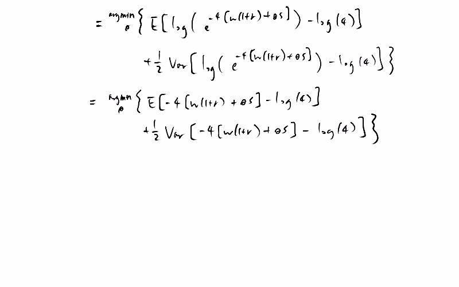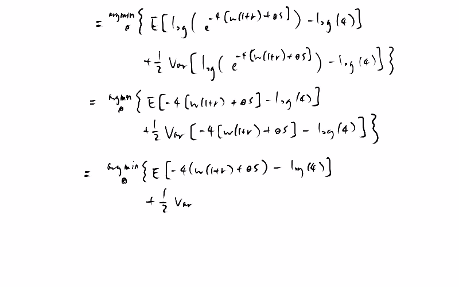Now here's the point where I'm getting tired of writing so many items. So just one more step, and we are good. We can do the derivative. Negative 4 W1 plus R plus theta S minus log 4 plus half variance.